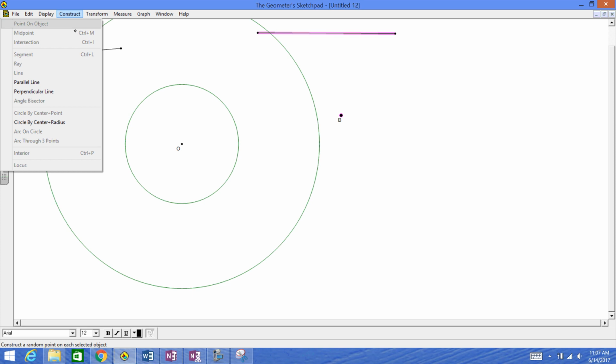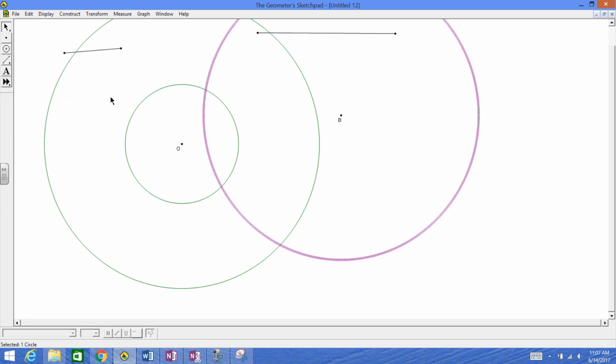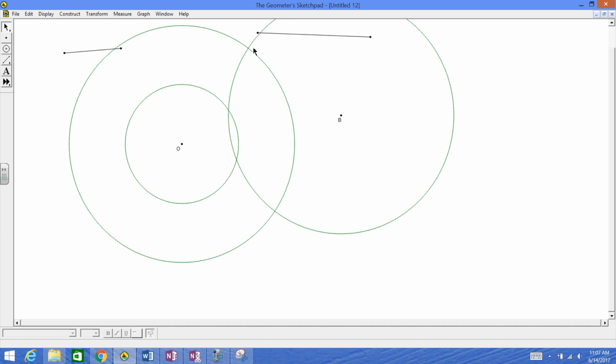What we have just done is created the perpendicular bisector to segment OB. Now, all that did was establish the center point of O to B. Okay. Now, we could clean that up a little bit, because this is our original. I'll clean this up and then come back.